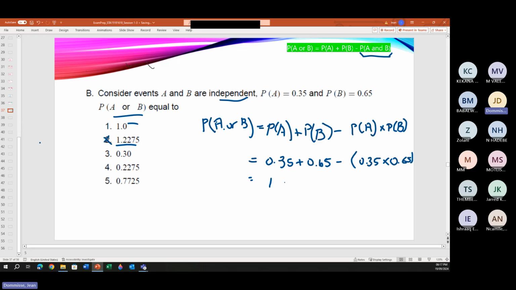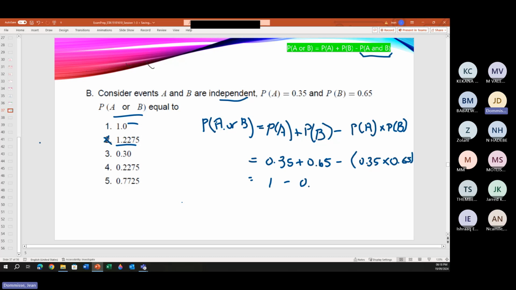And so we know that one is 1, but we need to subtract something. So 0.35 times 0.65, and let's just see all the decimals. So let's go to 4 decimals. Just check my calculator.